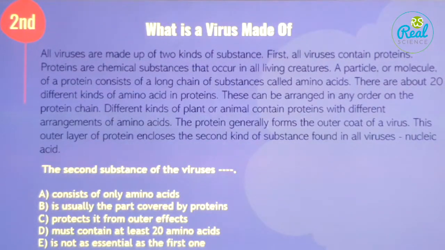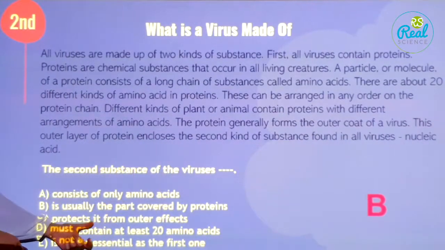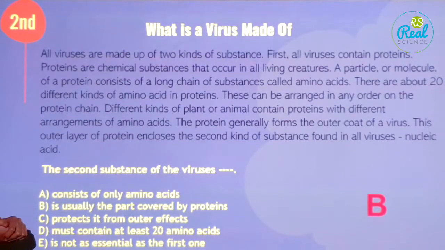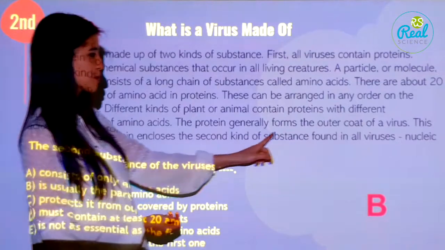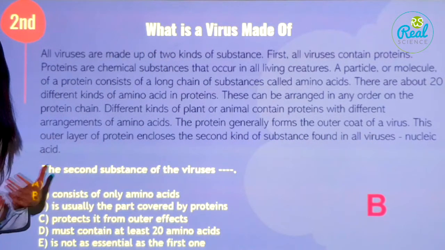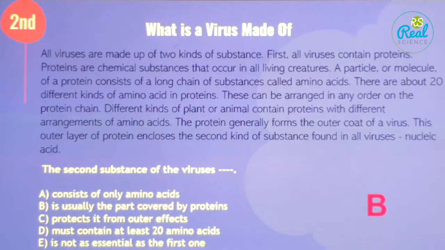Okay. Sophia, correct. It is B. It is usually the part covered by proteins. Where do we see the answer that is usually covered? The protein generally forms the outer coat of a virus. And then if you continue reading, it will be clear that it encloses it, it covers it.